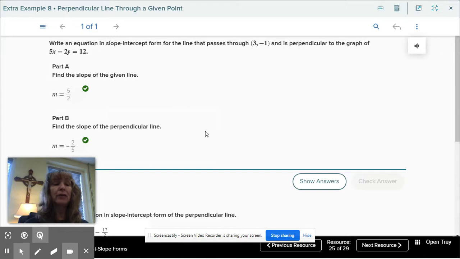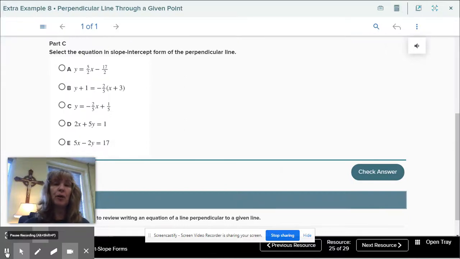Okay, after your calculations, you should have determined that the slope of this equation is 5/2. And then the perpendicular slope is the reciprocal of 5/2 with the opposite sign. So the slope of this line is -2/5.